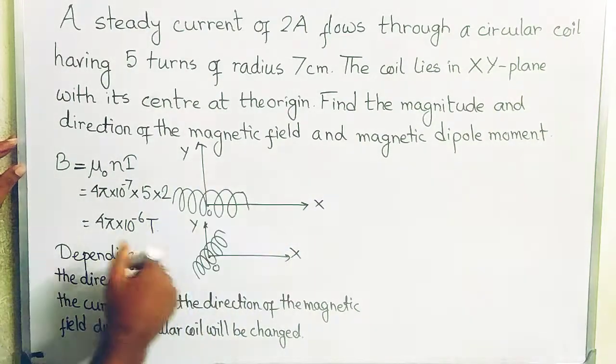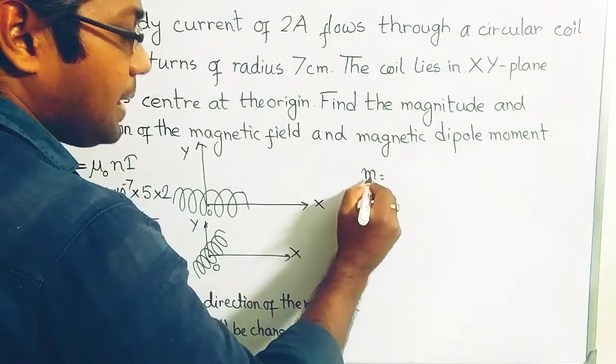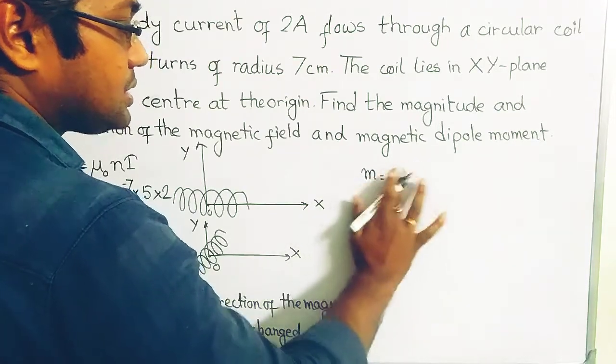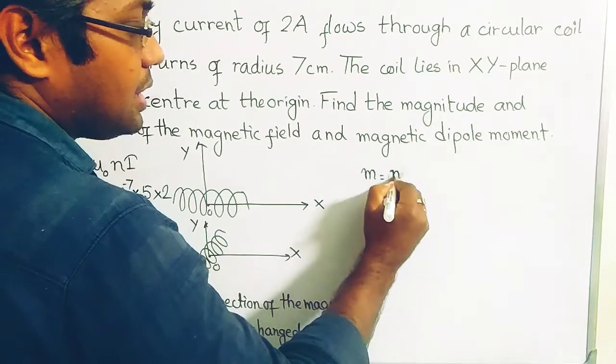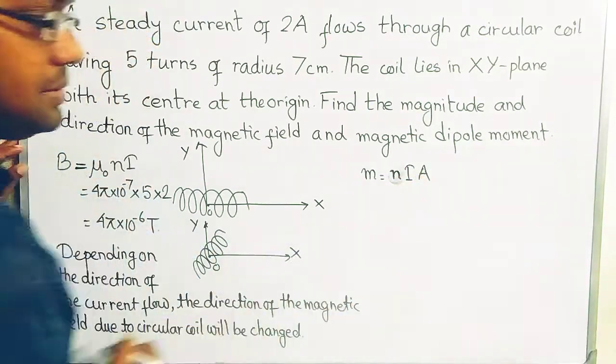Now the magnetic dipole moment. The magnetic dipole moment's formula is M equal to N, let us write down small n here, N the number of turns, the current and area.